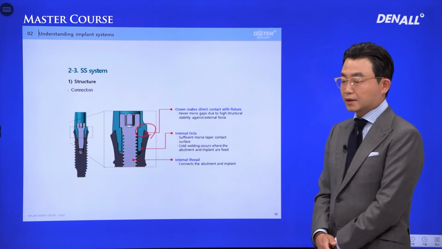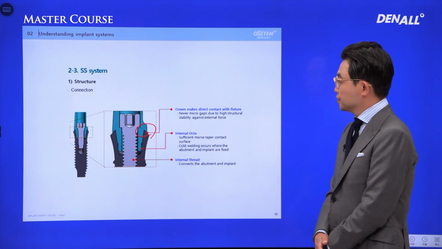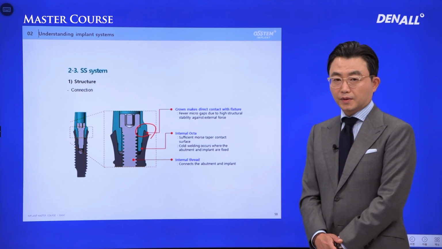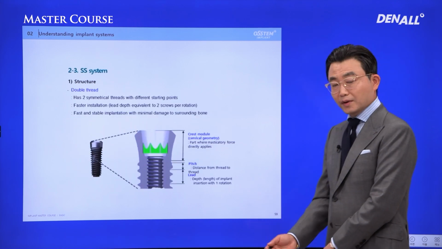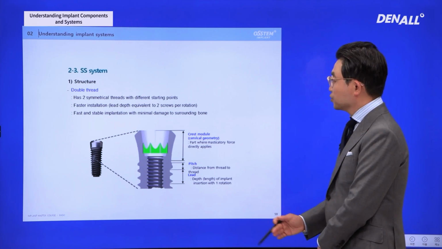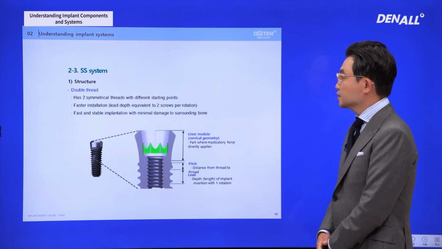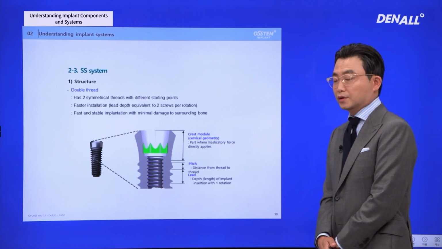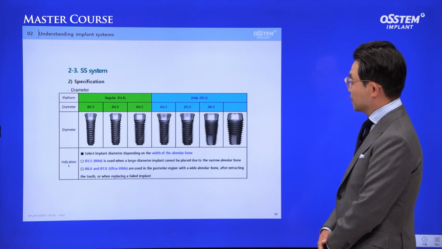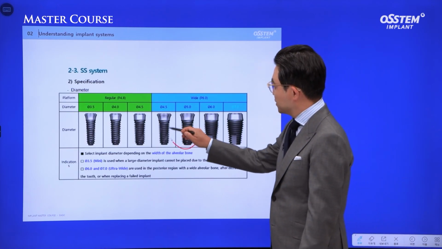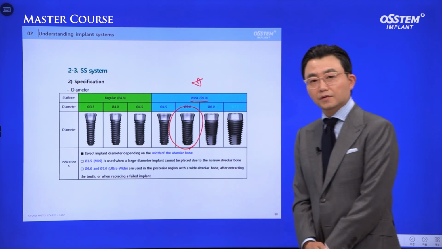So for posterior single placement, my first choice is the wide neck SS system, and in terms of long-term prognosis, gingival reaction, prosthetic complication probability is less. So if you take advantage of the SS system, I think it can guarantee long-term stability. So for a posterior single, a 5.0 wide neck fixture is what I mostly offer at my clinic.